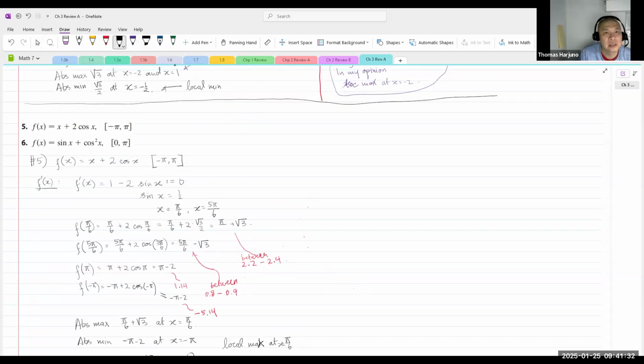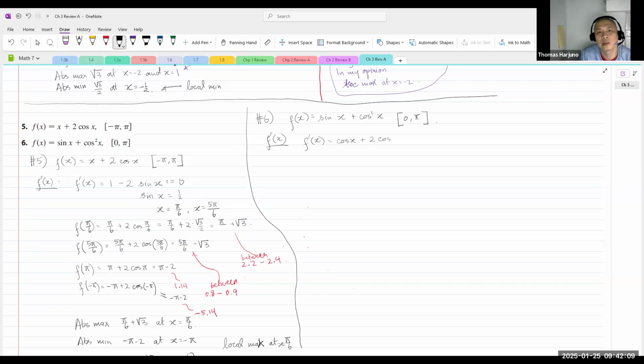Okay. Let's see number 6. Yeah, when it comes to trigonometry, you just learned it in pre-calculus, right? So be a bit careful. So we have f of x equals sine x plus cosine squared x in the interval from 0 to pi. Okay, so f prime x will be cosine x plus 2 cosine x times negative sine x.